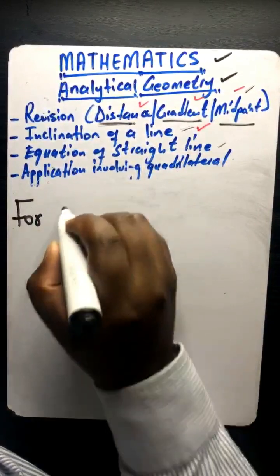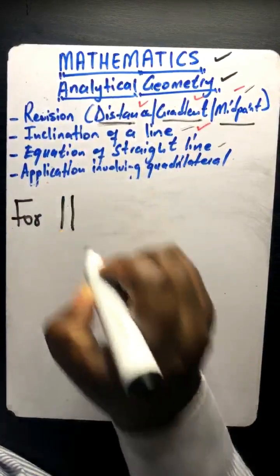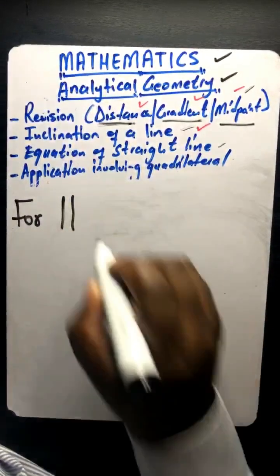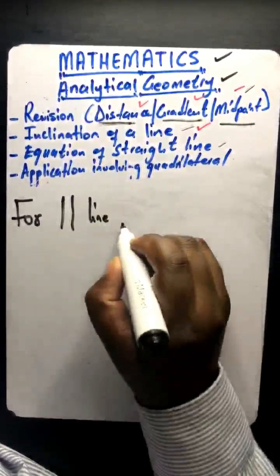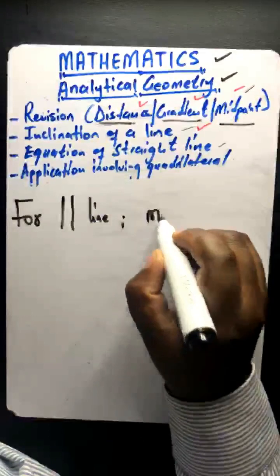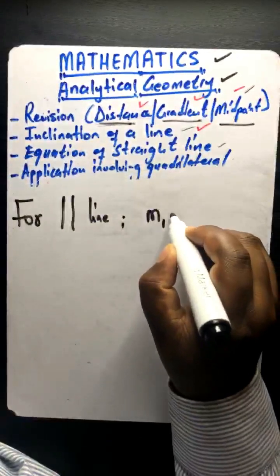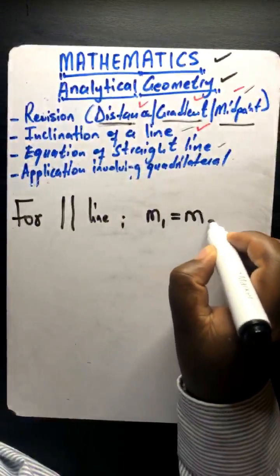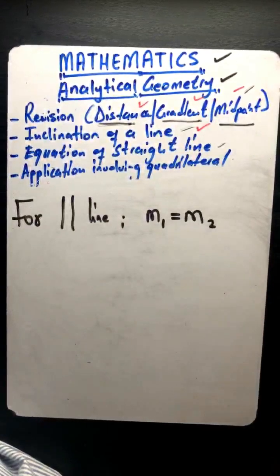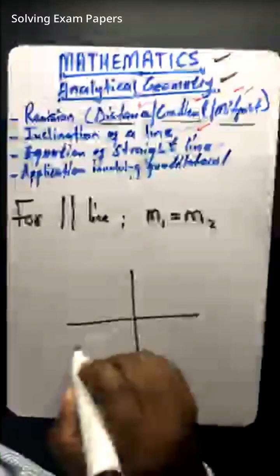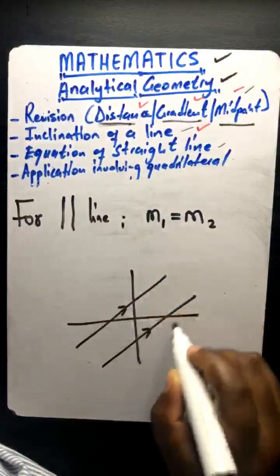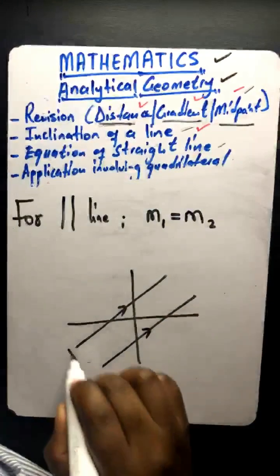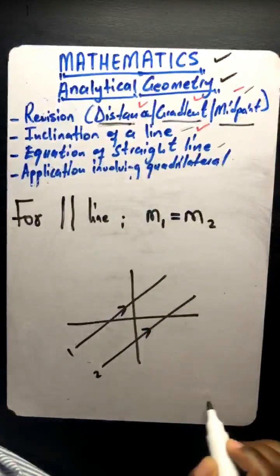For parallel lines, I'm sure you remember this is how we represent parallel lines. For parallel lines, the gradient of line 1 is equal to the gradient of line 2. So that means on a Cartesian plane, if you have this line and they say it is parallel to this line, let's say this is line 1 and this is line 2.